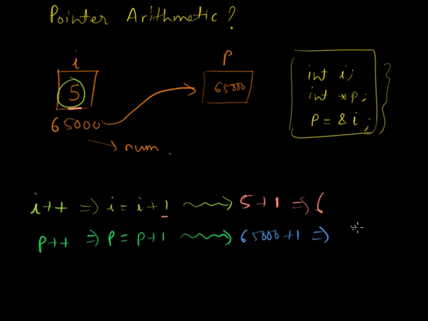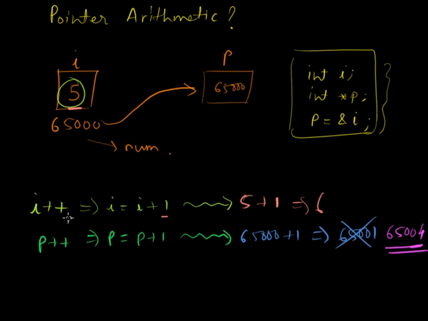Now naturally you would say that the result would be 65,001, but this result is wrong. Why wrong? Because you are doing pointer arithmetic, and pointer arithmetic is quite different. The result it will give is 65,004. Now why 65,004 is the bigger question here.